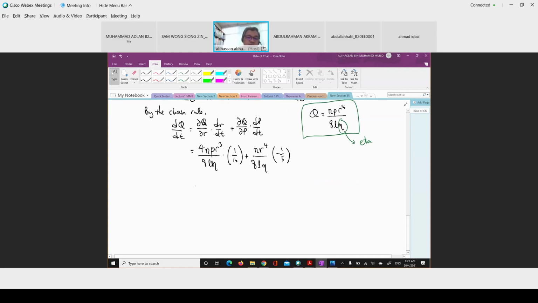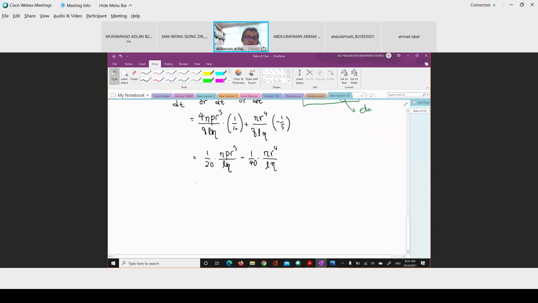So the next step is just to simplify this. 4 over 8 is 1 half, and 1 half times 1/10 is 1/20. So we have 1 over 20 times pi P R cube over L eta. Then we have minus 1 over 40 times pi R to the power of 4 over L eta.